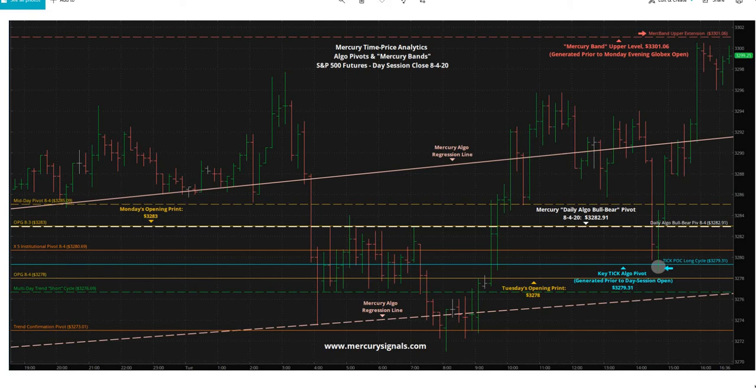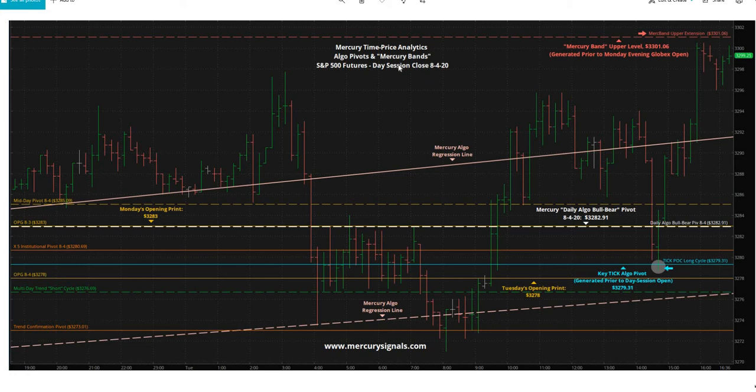Because as you've all figured out by now, you get a lot of nonsense, a lot of movement in Globex in the evening and in the European session in the morning that oftentimes has nothing to do with characteristics of the tape during the US day session.